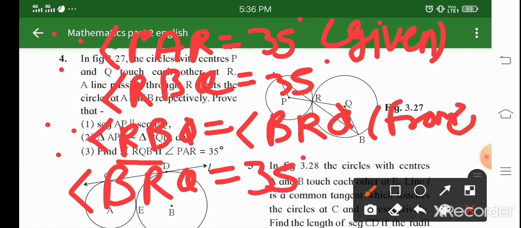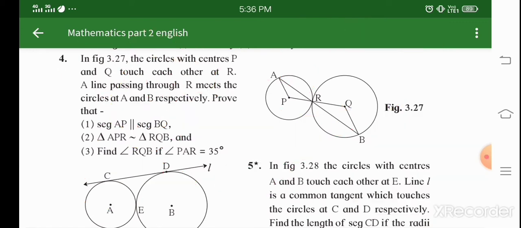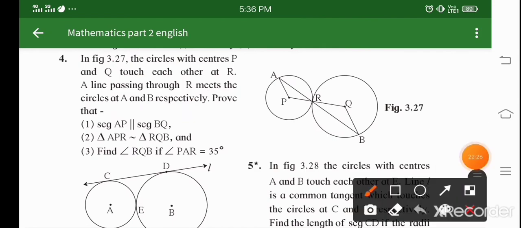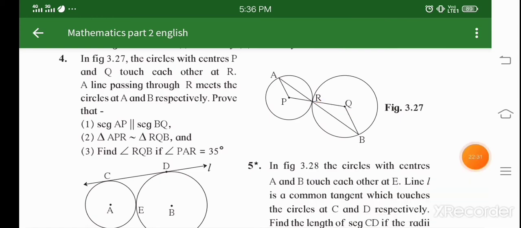So now we got the value of this angle B and this angle R. So similarly we can find out with this. So you can just write over there in triangle.